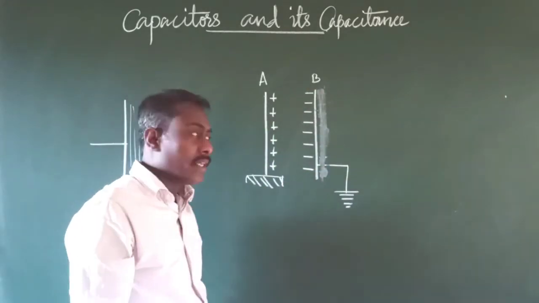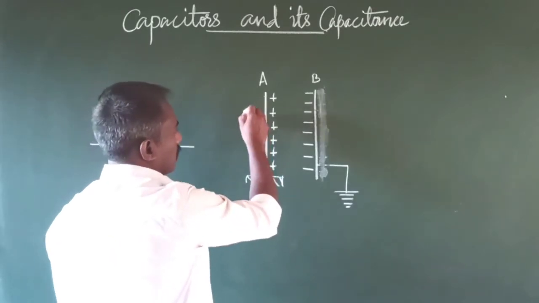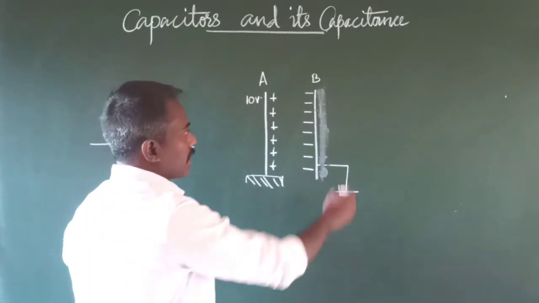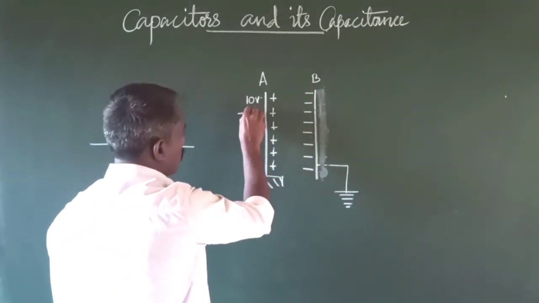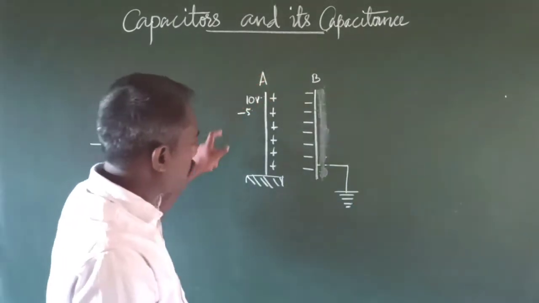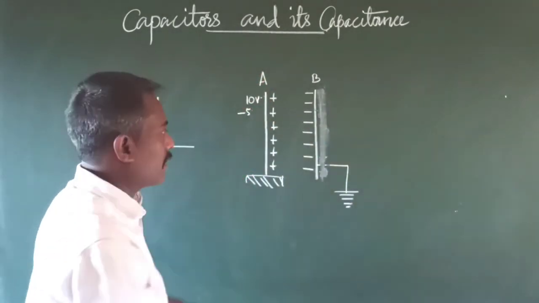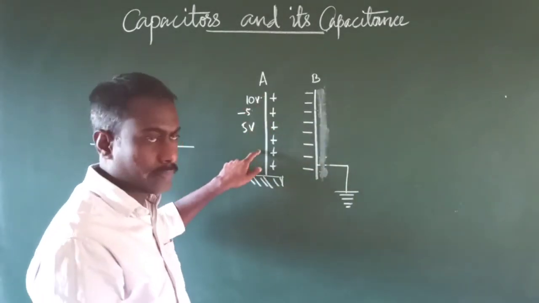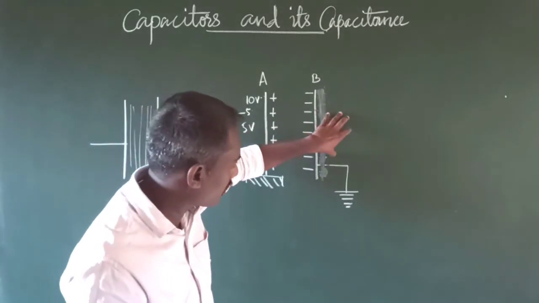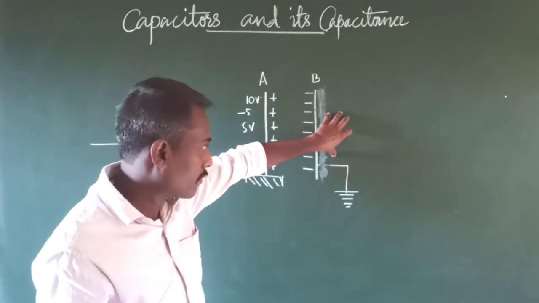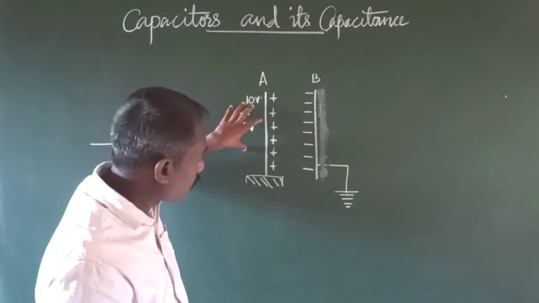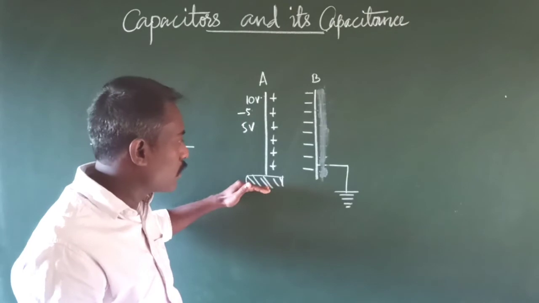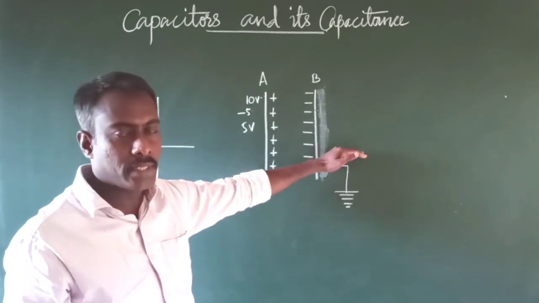Assume conductor A has a magnitude of 10 volt and conductor B has minus 5 volt. What will be the net potential of conductor A? It will be 5 volt. So due to the negative potential of conductor B, the potential of conductor A is reduced.